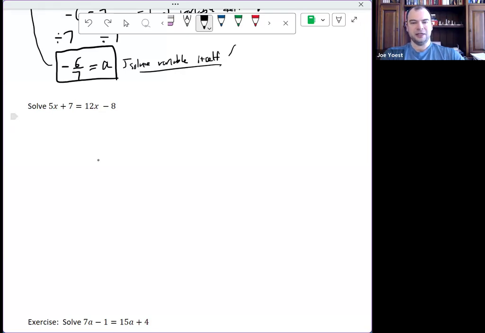Not the end of the world, but I'd rather go the other direction and subtract 5x from both sides. So we have 5x minus 5x, they go away. We're left with 7 on the left-hand side. And 12x minus 5x is 7x minus 8.